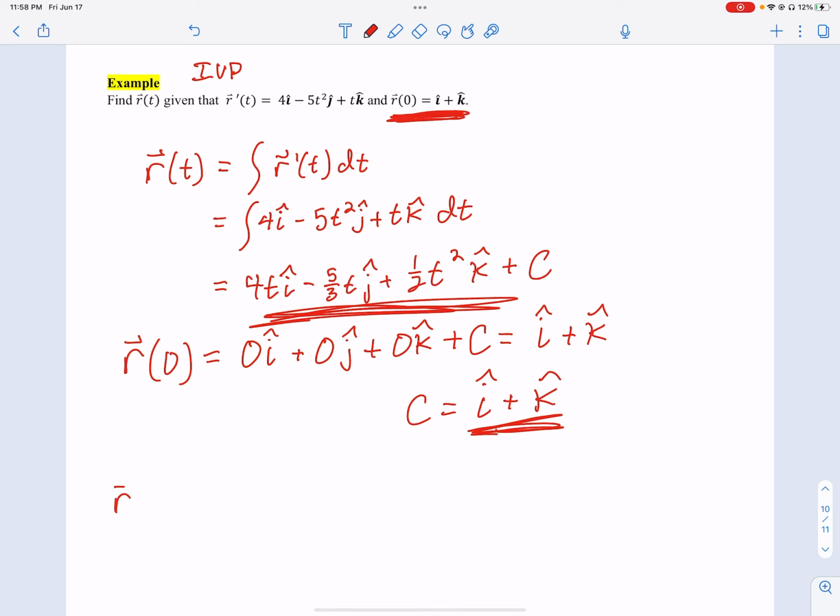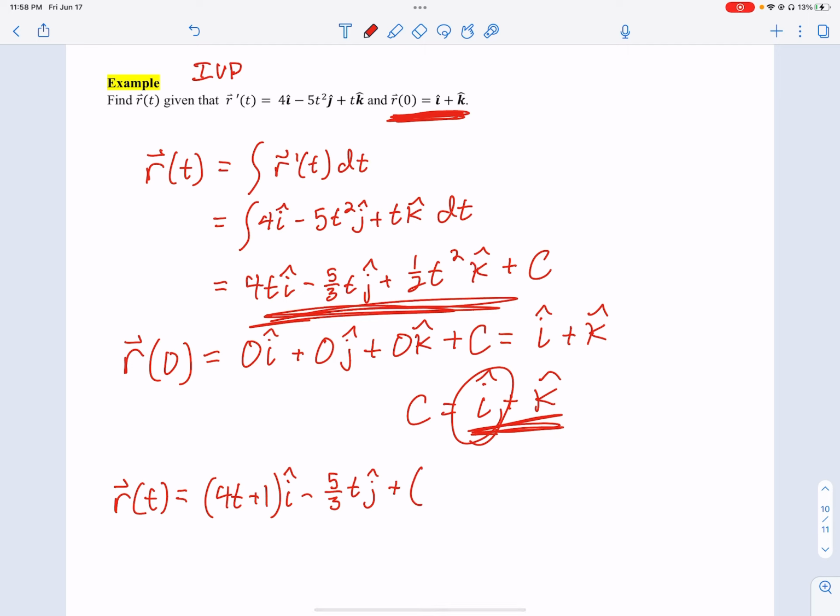So we write r of t, according to all this work, we get 4t, and I get the 1 from here, plus 1 i, minus, or let's go ahead, are we adding anything to j? We're not, so we'll keep the minus 5 over 3 t j. If you were going to add something to that, you'd want to do a plus and then do parentheses with minus inside.